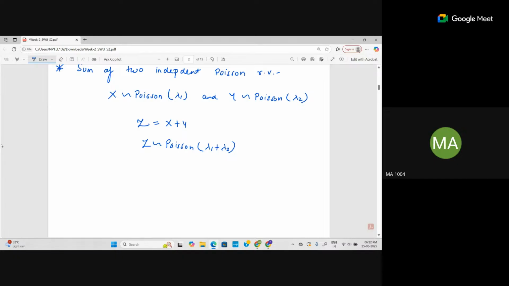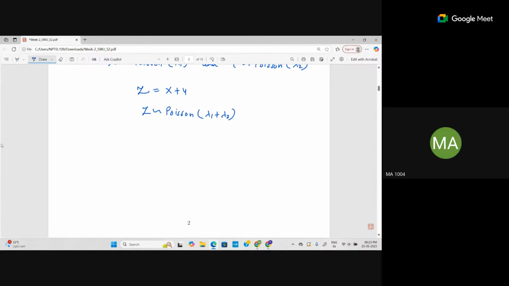Similarly, what will be the distribution for x given z or y given z? Binomial. So x given z, where z is equal to n, will follow binomial distribution. And what will be the parameters? n comma lambda 1 by lambda 1 plus lambda 2.